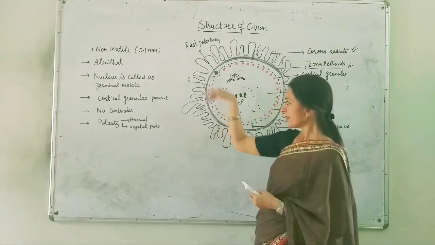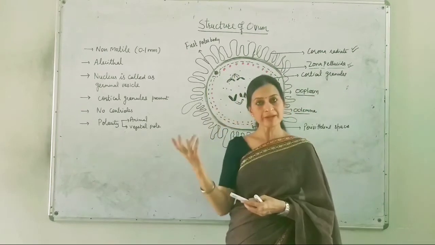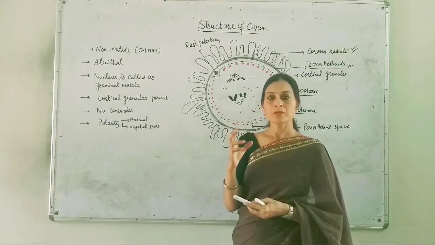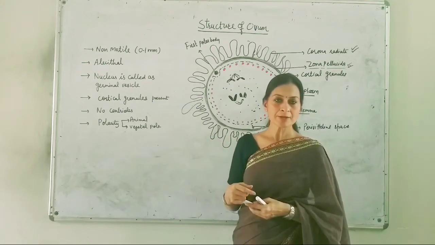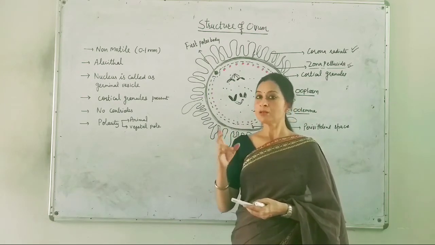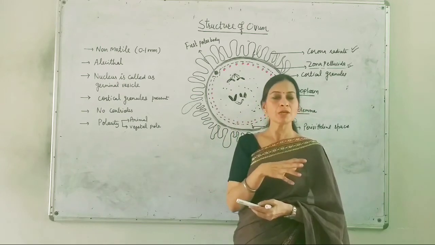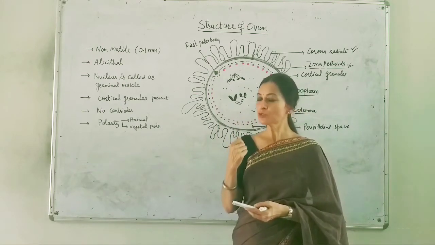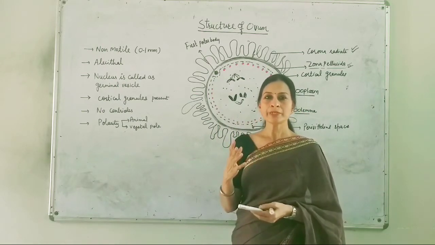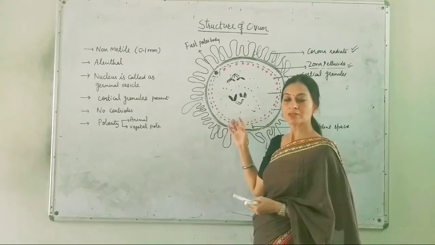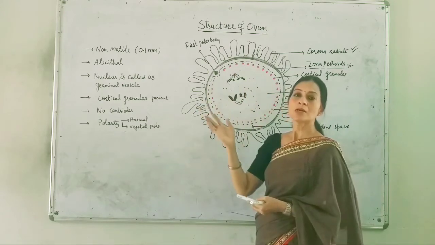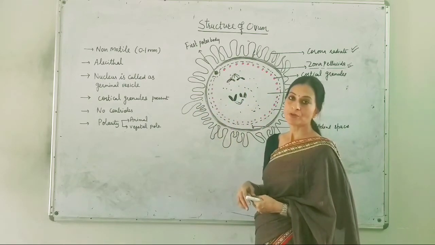When this egg will be fertilized, then the zygote will be formed, and after the zygote, embryo formation will start, and the embryo will get attached to the female body so that it can derive the nutrition. So there is no need to store food in this egg that will later develop into a fertilized egg.